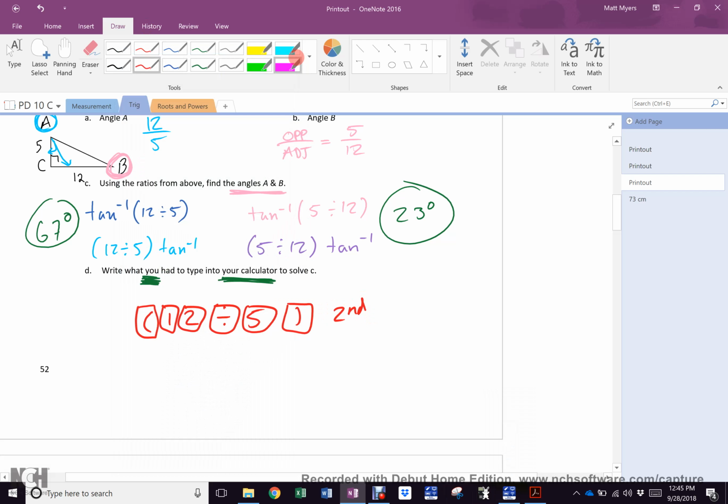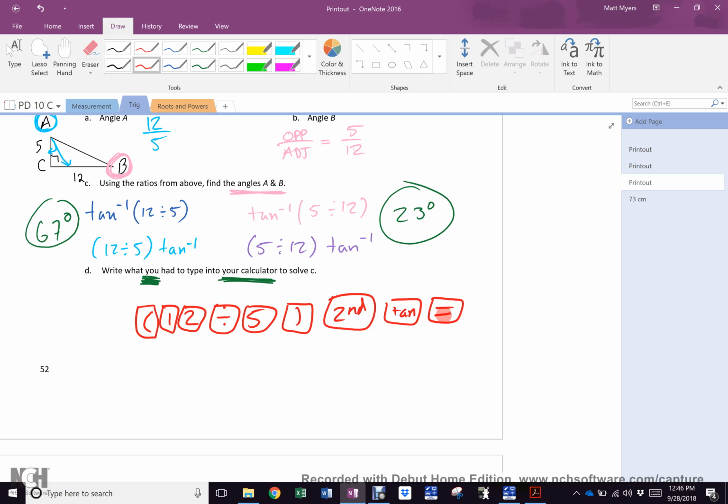Then I have to push the button that says tan, and then I have to push the button that says equals on my machine. Yours will be different, unless you're manual. Oh, sorry. Forward way. I just wrote the backwards way. Forward way, other way around. Thank you. Everybody cool?